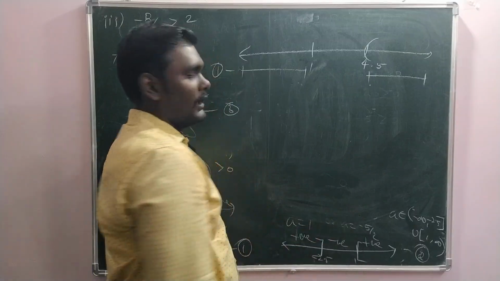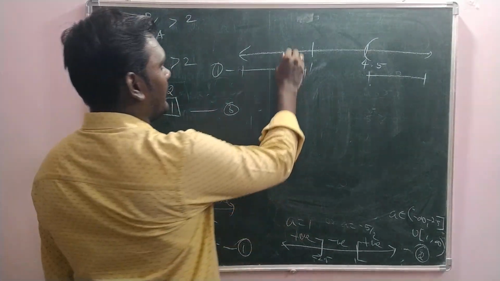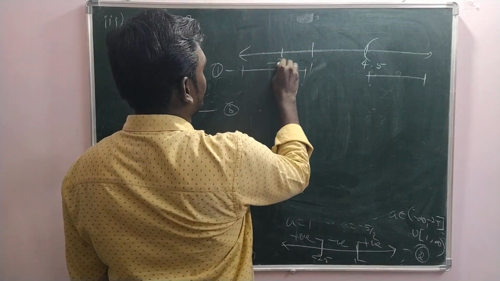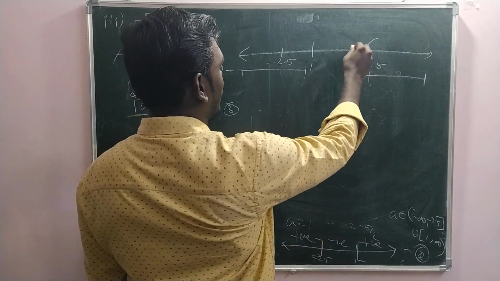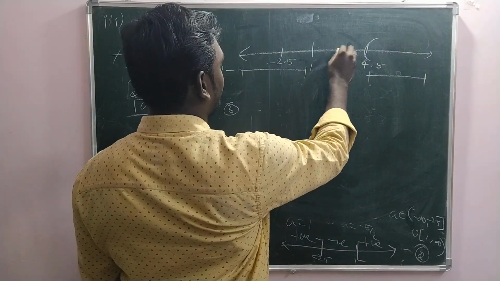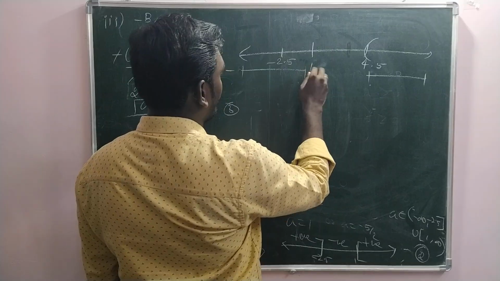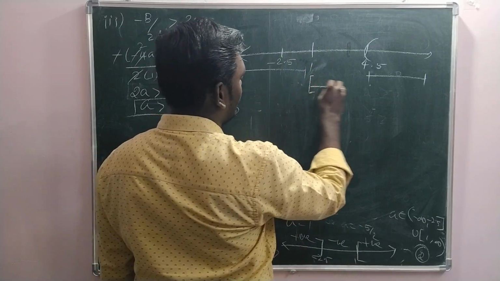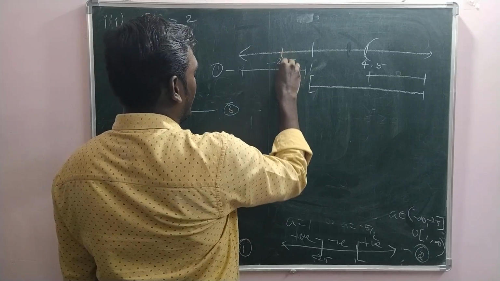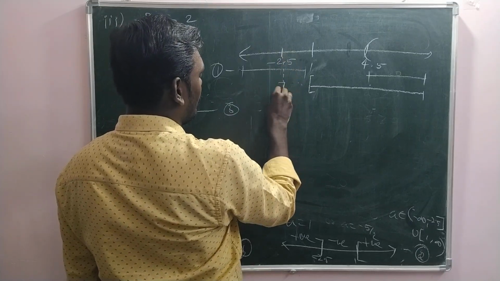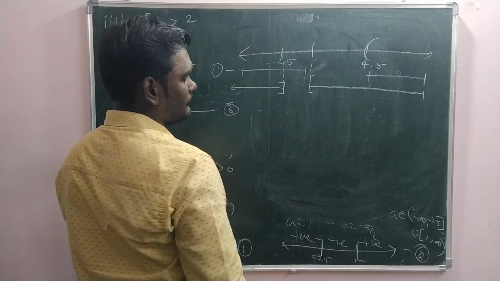Okay. So that point I plotted, and then this one, minus 2.5, will be here, and 1 will be here. So we'll have 1 included fully, and here minus 2.5 included fully.